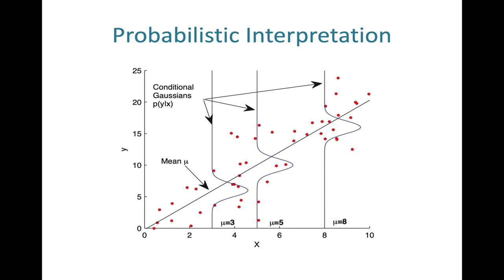The assumption in linear regression models is that the distribution that characterizes the differences between the y's, the output values, and the values predicted by the linear model, by the line, is going to follow a Gaussian distribution. What you see here is the representation of the different conditional Gaussians for the different mean values in the linear model.